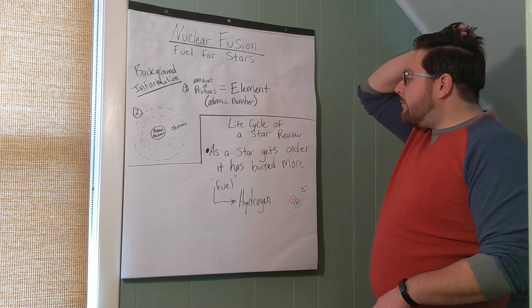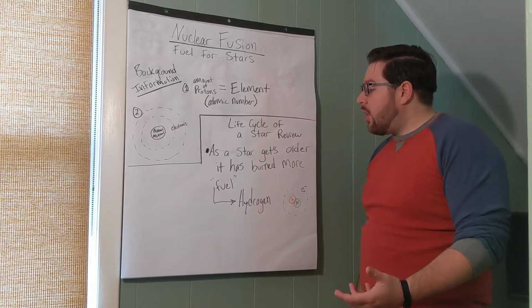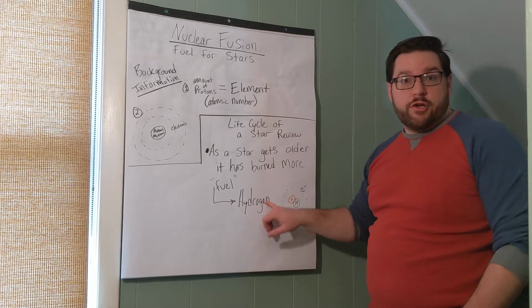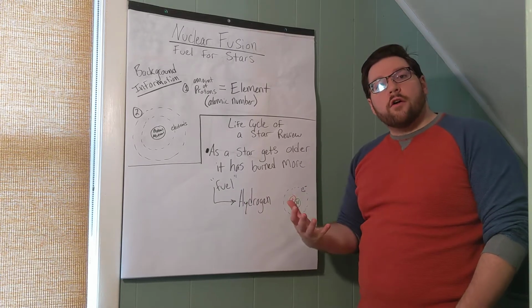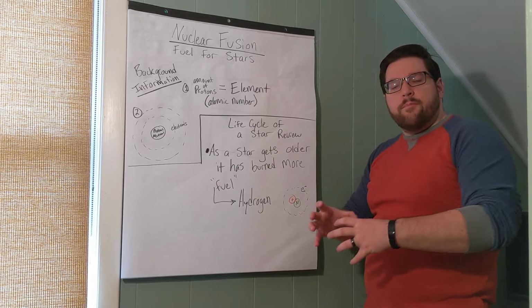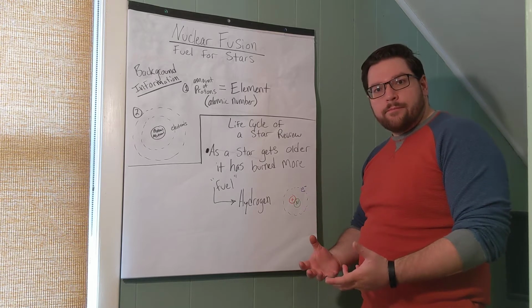And that all comes back to this idea of fuel and how much fuel that star is starting with. And when I talk about fuel, I'm really discussing hydrogen, because all stars start with a core cluster of billions upon billions upon billions of hydrogen atoms.